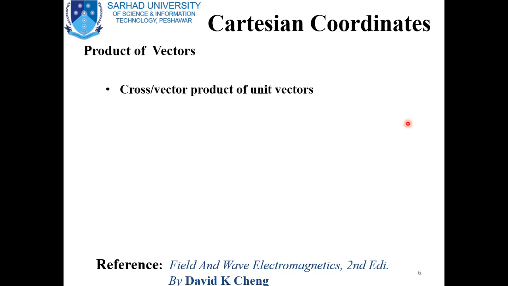Now in this slide we will discuss the cross product of vectors, but first we will discuss the cross product for unit vectors. Now we have 3 base unit vectors in the Cartesian components, which are ax, ay, and az, and these will follow the rule for the cross product. The product of two similar vectors will give us 0, and the product of two different vectors will follow the right hand rule.